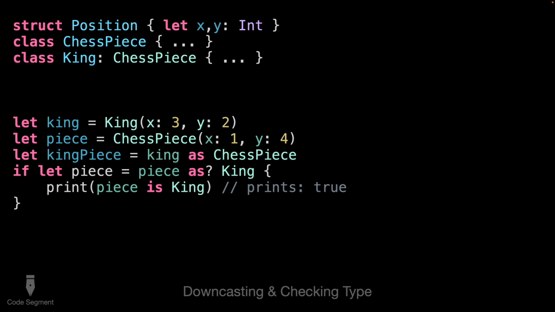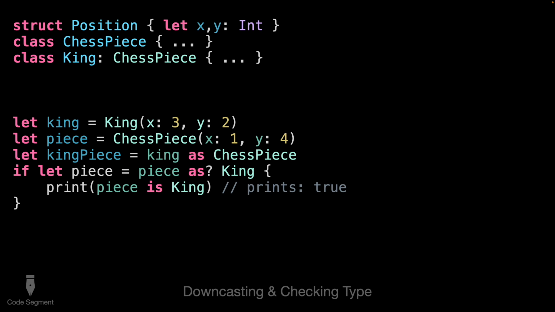So you can also do something called downcasting, and you can also check type. Downcasting is that thing that I was kind of talking about where one type can act as another type. Here, you can use the keyword as with no question mark, where we do king as chess piece, okay? And we set that to the constant king piece, okay?